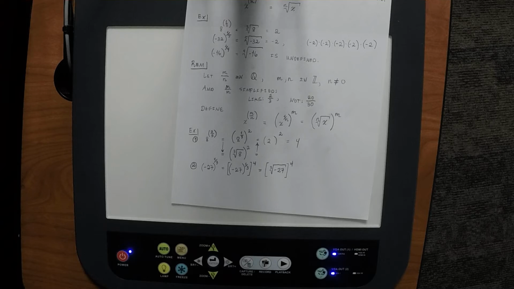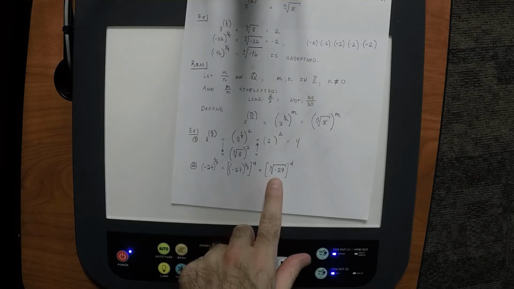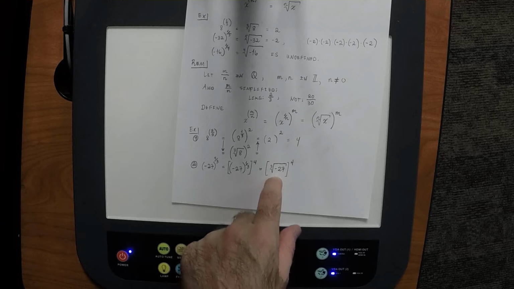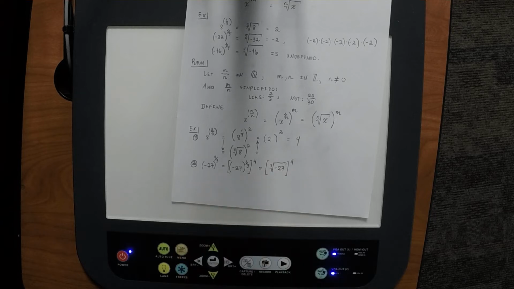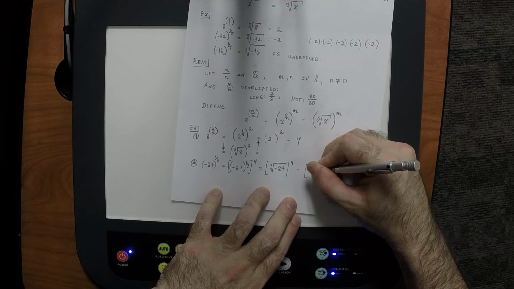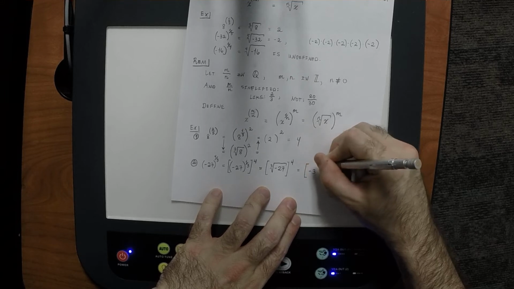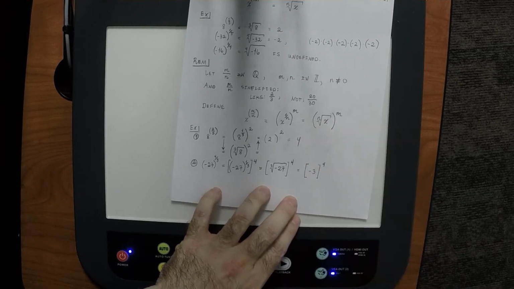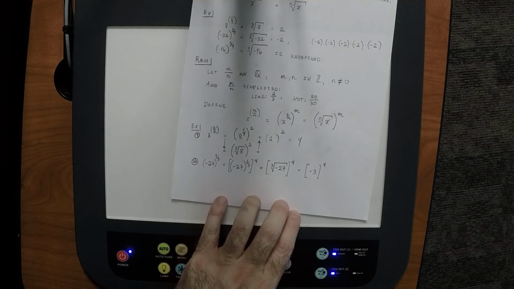Yes, in this case, because 3 is odd. So what is the cube root of negative 27? Negative 3. Because negative 3 times negative 3 is positive 9, multiplied by 1 more negative 3 is negative 27. So this would be negative 3, and then raised to exponent 4. So what's that? 81.